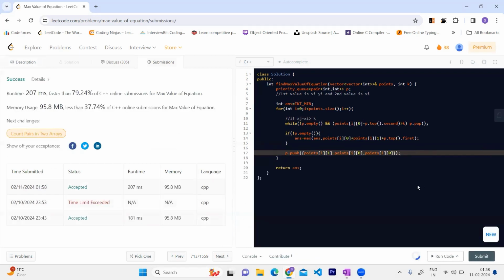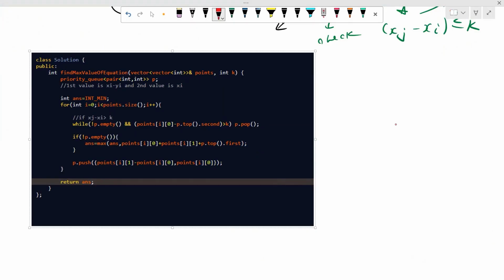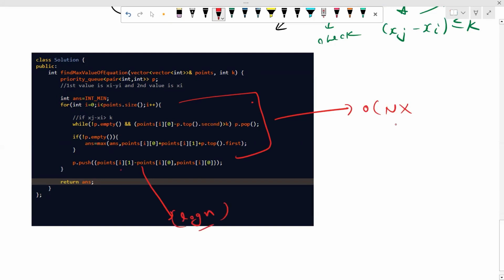Now let's discuss the time and space complexity for the same. So here we are. Since we are just iterating over the entire array, this will require big O of n, and at this point of time, we are inserting all the elements into the priority queue. So for inserting an element into the priority queue, we require big O of log n.